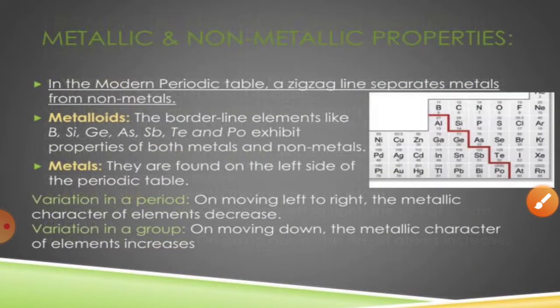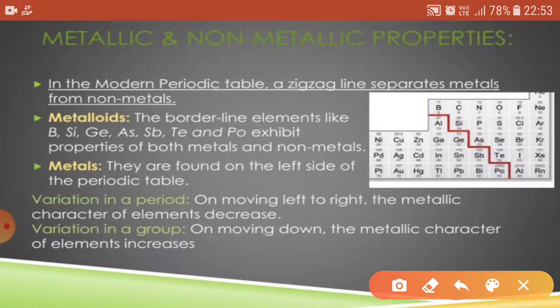Now the next property is the metallic character. Basically metals are found on the left hand side of the periodic table, and the metallic character increases on moving down the group, because metal character is basically the loss of an electron, and it is easy to lose an electron down the group.